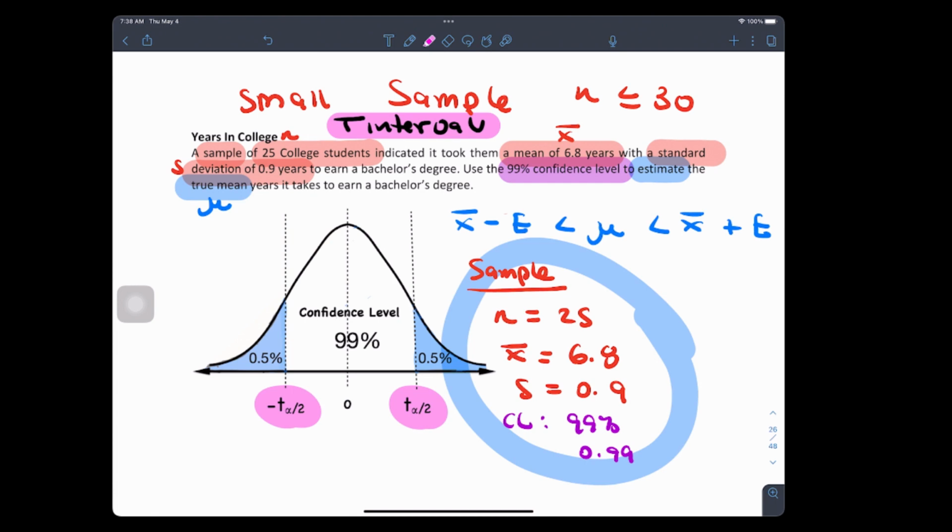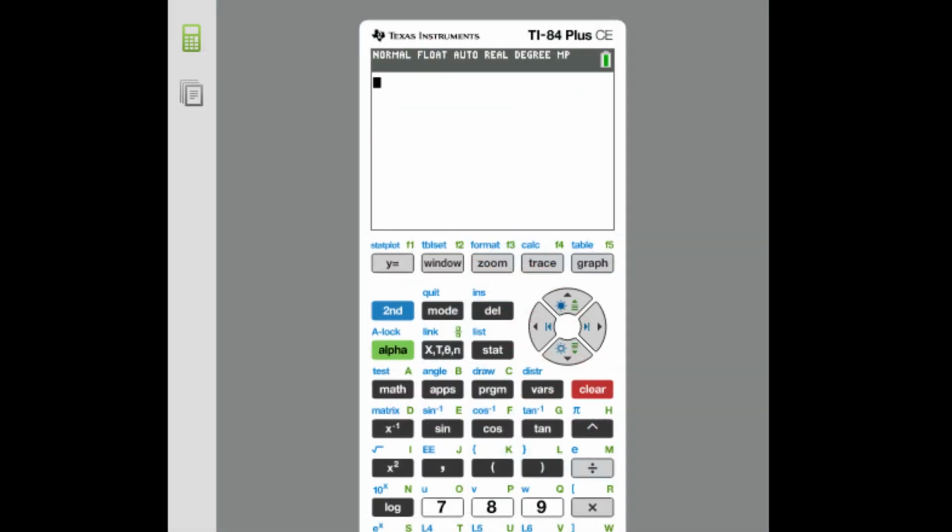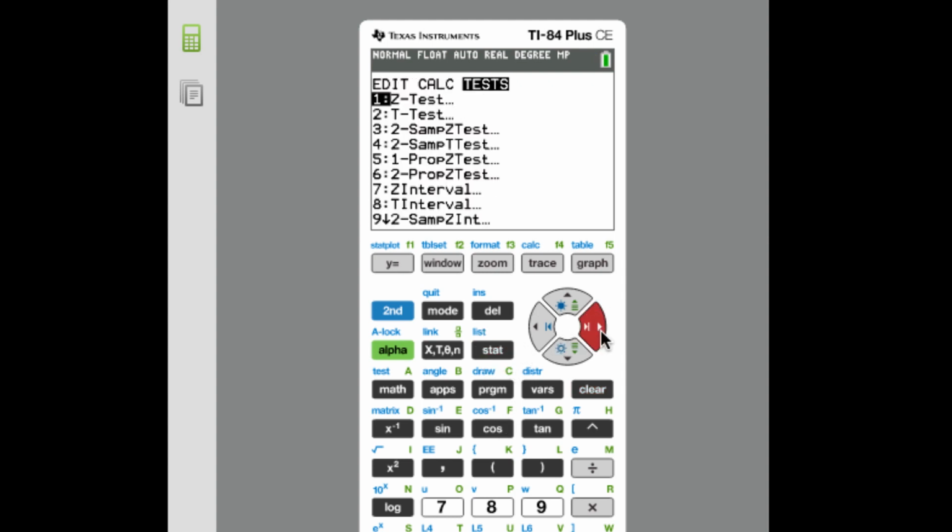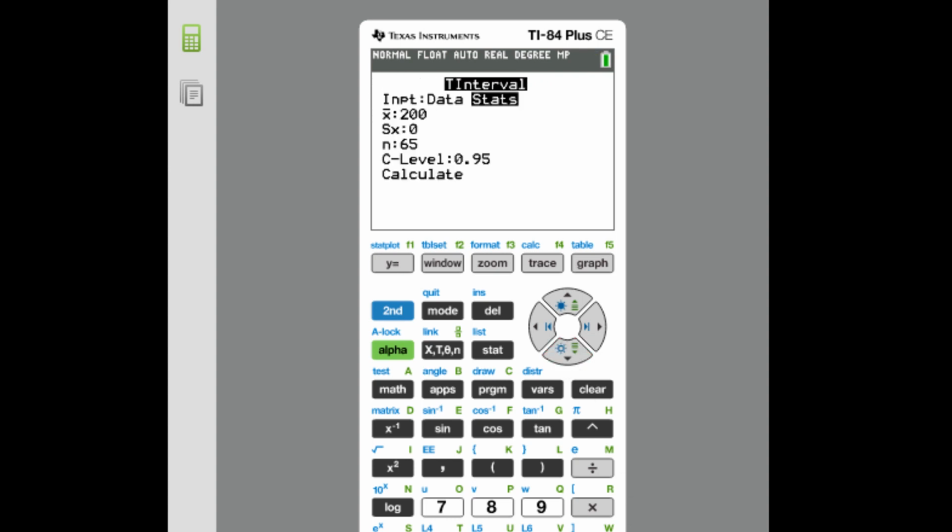All right. Let's go to our TI. You guys ready for the TI? Go to stat. Go to test. T interval, number 8. T interval, ladies and gentlemen. Hit enter. Keep it on stats. What's the sample mean? 6.8.